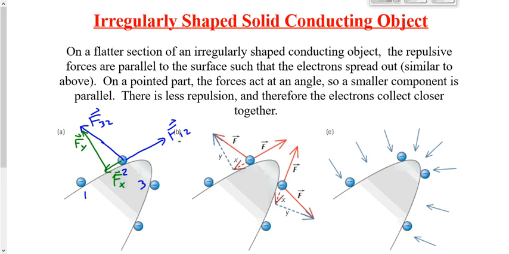That's when you're in a state of static equilibrium. Where's that going to occur? Well, not when the charges are evenly distributed, but rather when these charges 2 and 3 are closer to the tip. In other words, they go to the outer surface, but we don't get an even distribution. We get a higher concentration of charge at the tip.